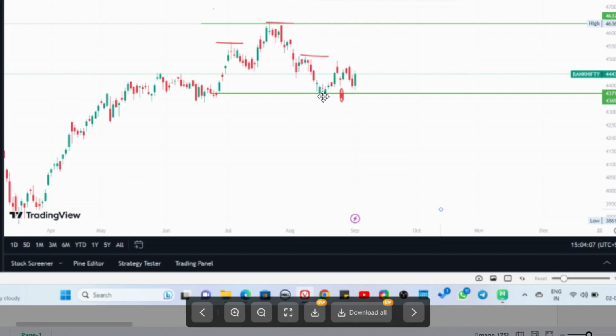If you see here, this is the indecision candle, then it is taking support here. Again there is a pullback, again it is moving up. If the Bank Nifty closes below this neckline like this red candle, there are higher chances of a bearish move here. See, there are higher chances.